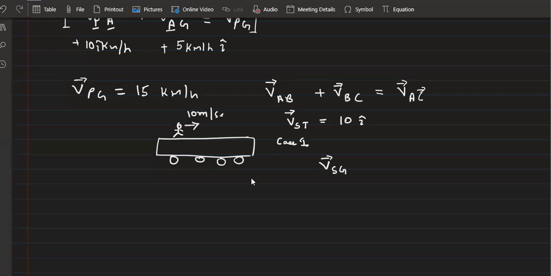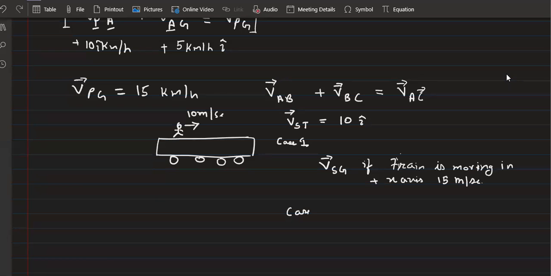If the train is moving in the positive x-axis with a speed of 15 meter per second, this is case 1.